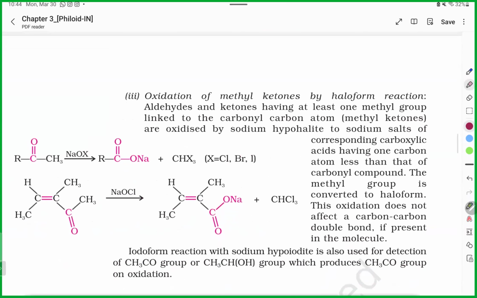Last, the haloform test or iodoform test. Both aldehyde and ketone can give this reaction, they should have this group. It will convert into the haloform in the presence of sodium hypohalite. This is known as sodium hypohalite. Why are we doing this? Because this can be asked again and again.